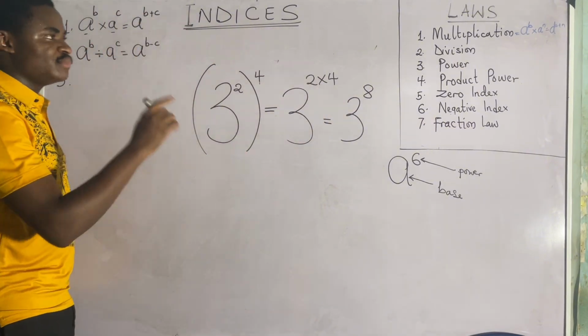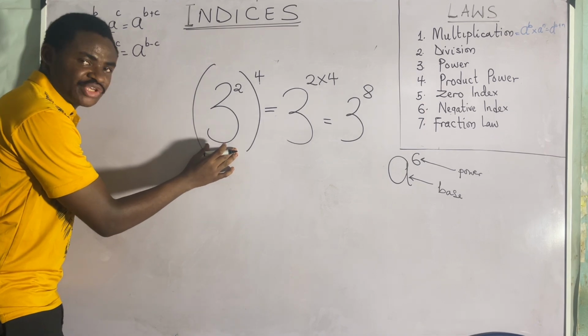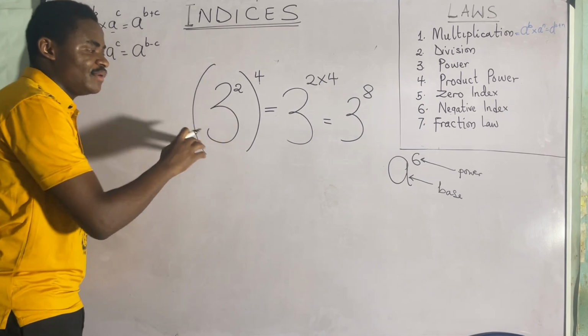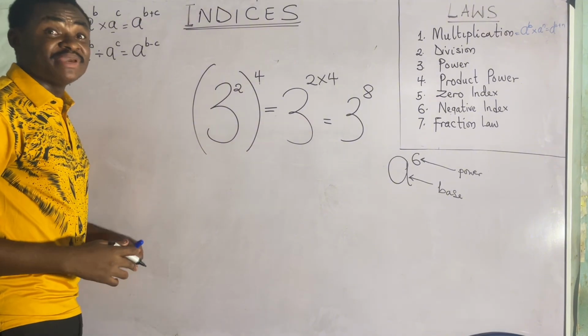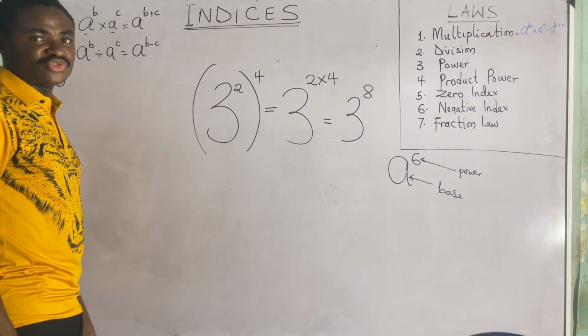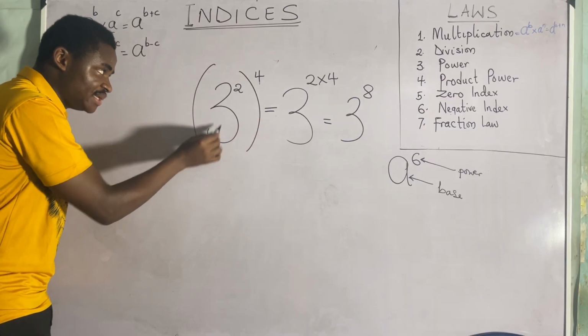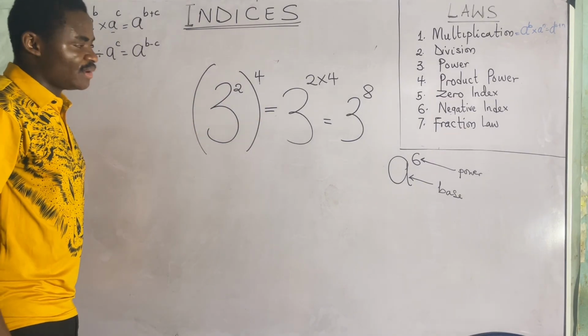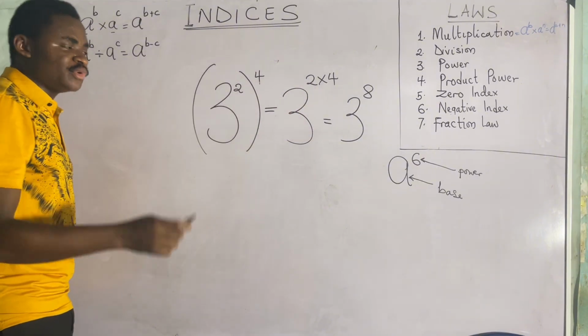So the formula for power law says if you have an index notation where we have a base and a power, and all of this is taken again by another power, what does that mean? Multiply their powers to open the bracket. In opening the bracket, the power does not affect the base, but it affects the power. So when we do the multiplication, you get that answer.